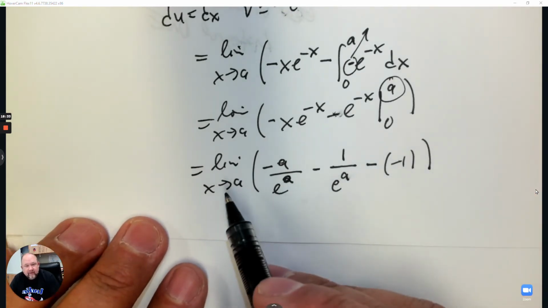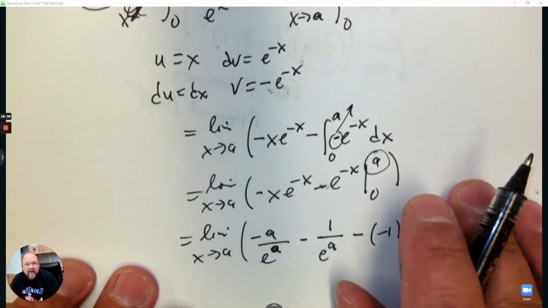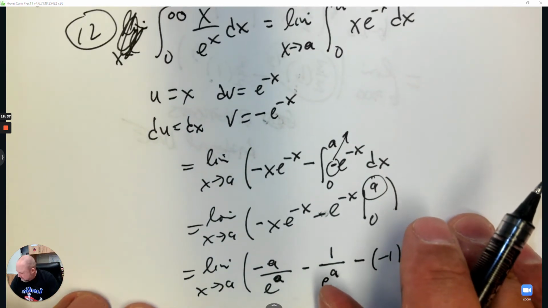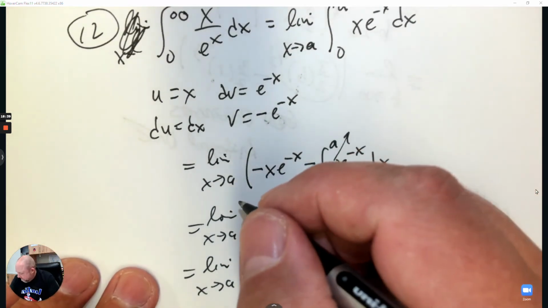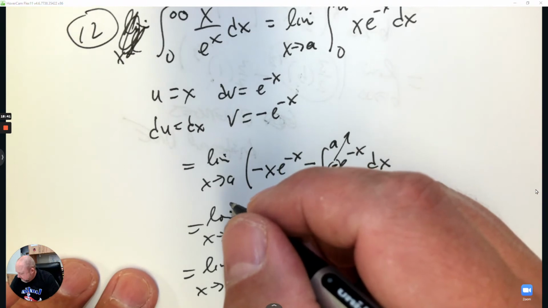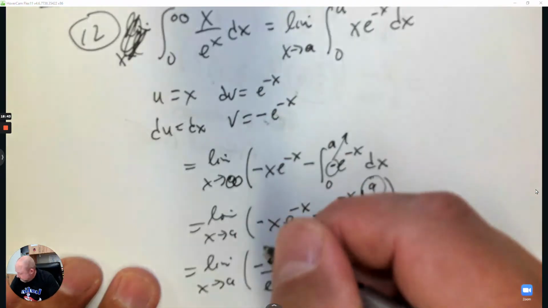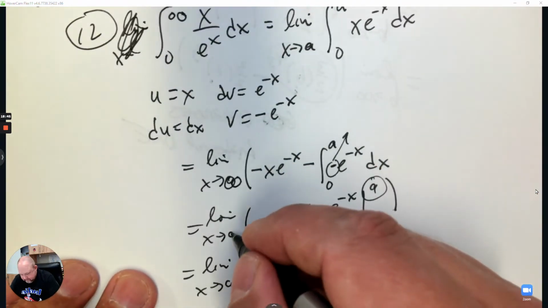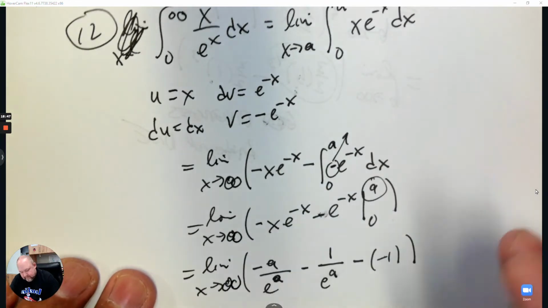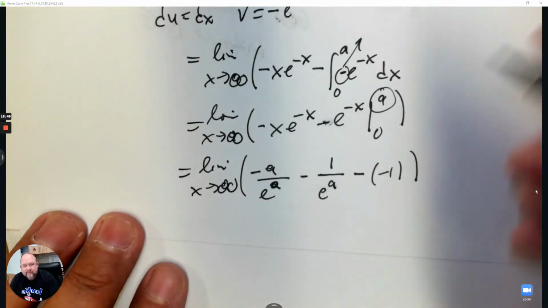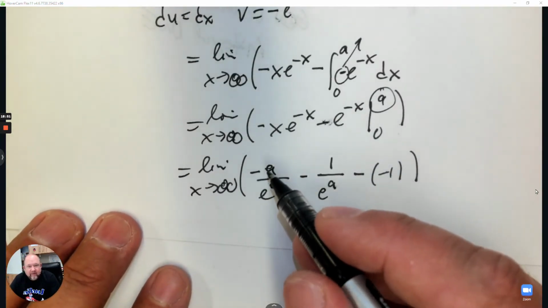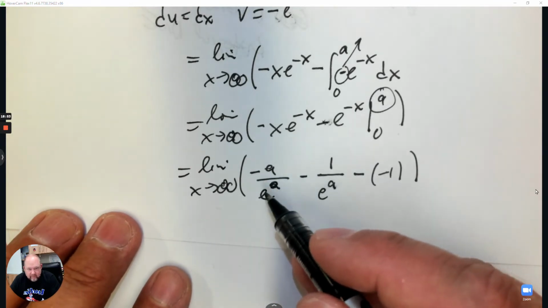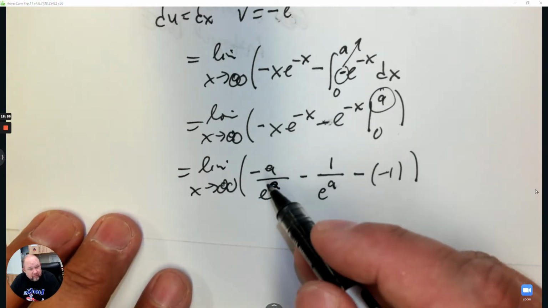So as x approaches a, did I really say that? As x approaches infinity, all right. So if I look here, both of these are approaching infinity, but which one approaches faster?